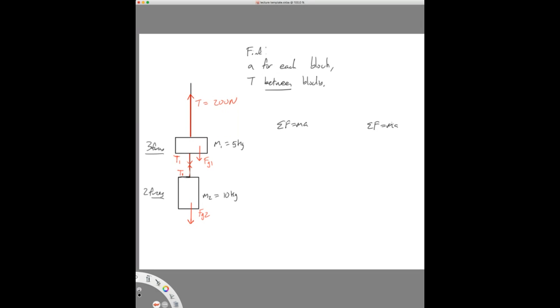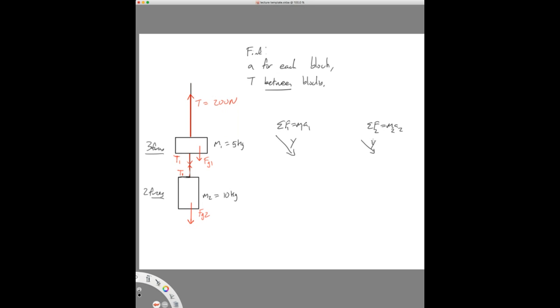So the net force on mass 1 equals m1 times a1, and the net force on mass 2 equals m2 times a2. And we would, in general, split this into x and y, but I'm just going to split them into y, in part because I don't have room to really say anything about x, and in part because there's no forces with x components.